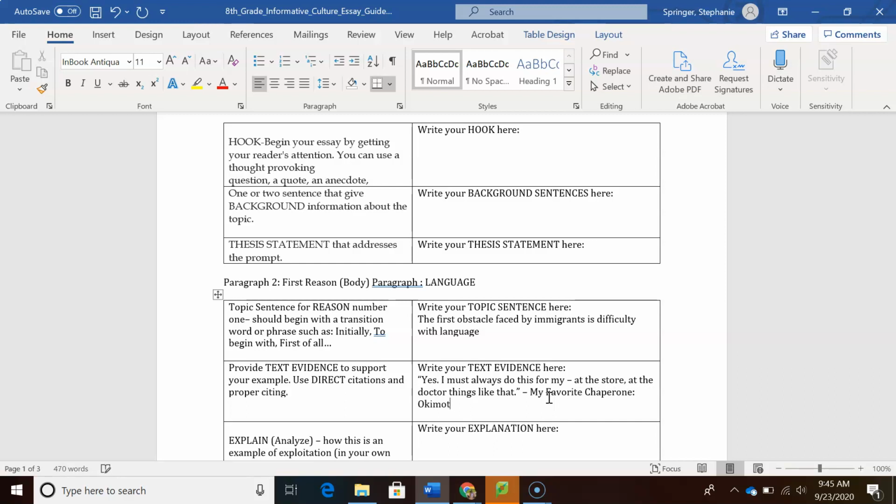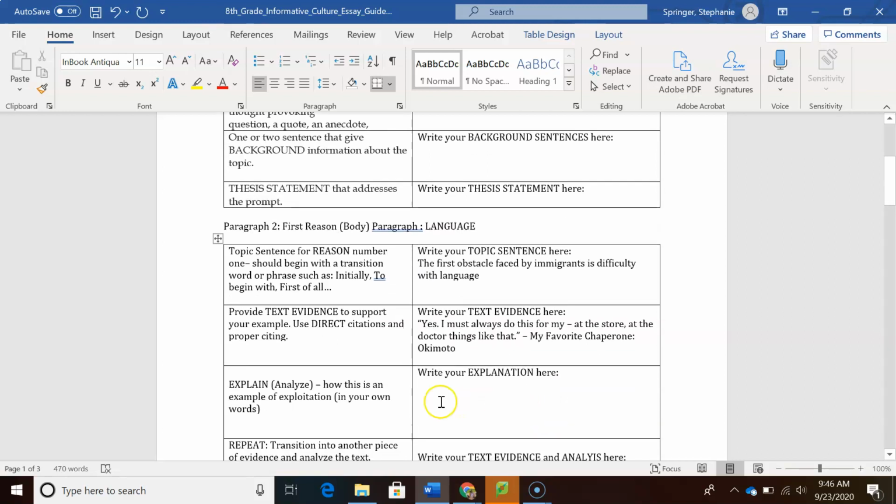And this is going to remind me that I need to incorporate that into my sentence structure. Remember, you can take any citation you want that talks about a language issue. This is where Maya is going to have to translate when Nurjan gets in trouble, and she talks about how her parents don't speak very much English. There are other instances in My Favorite Chaperone, as well as A Place to Call Home, that you can incorporate as a citation.